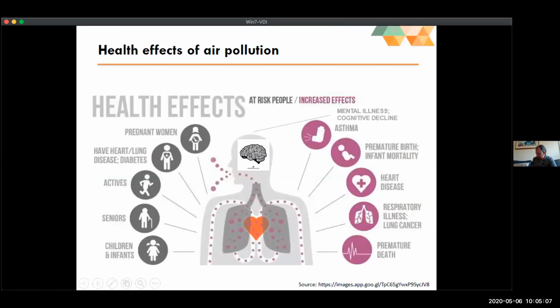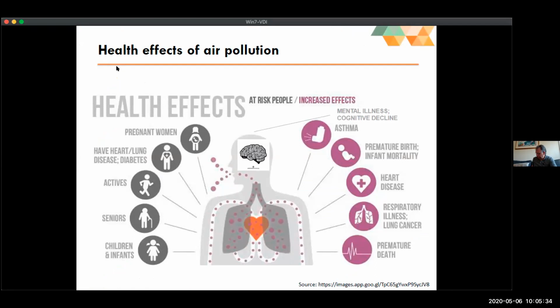So just as an example of why do air monitoring, we know that, for example, for particulate matter, many are vulnerable to exposure to this kind of pollution, ranging from children, seniors, and those with pre-existing health conditions like diabetes, cardiovascular disease, and lung disease.